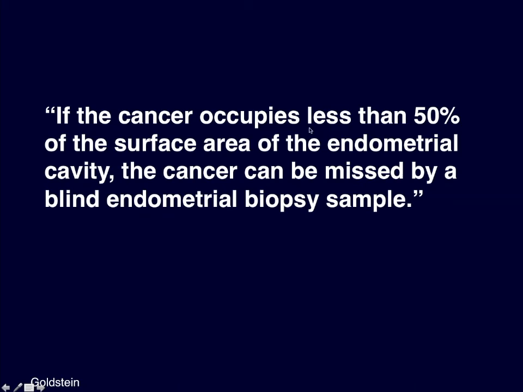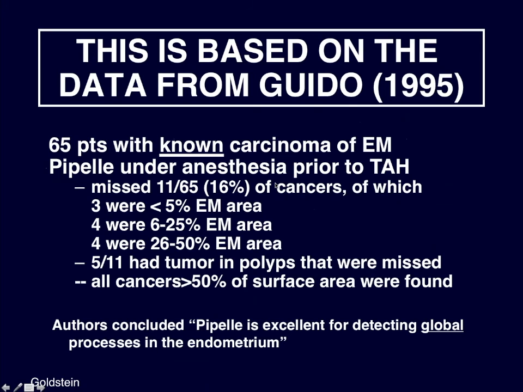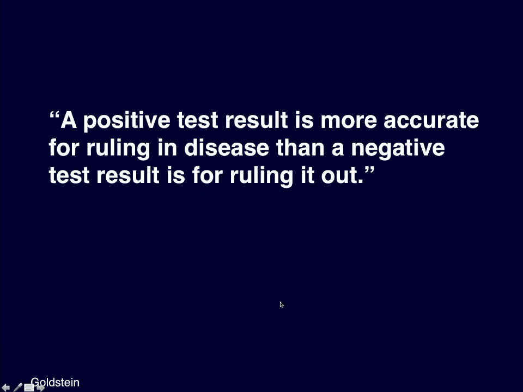If the cancer occupies less than 50% of the surface area of the endometrial cavity, the cancer can be missed by a blind endometrial biopsy sample. And as we've already alluded, this is all based on that wonderful study from Guido, where they missed 16% of cancers, but they were all less than 50% of the surface area. Pipelle is excellent for detecting global processes in the endometrium.